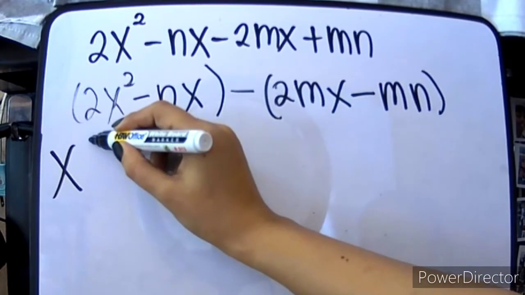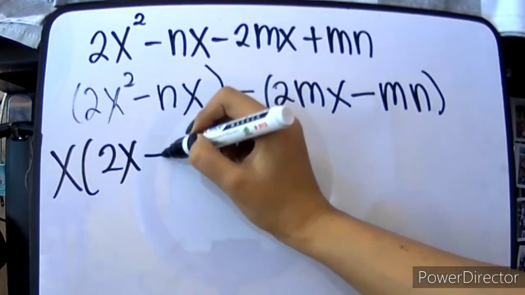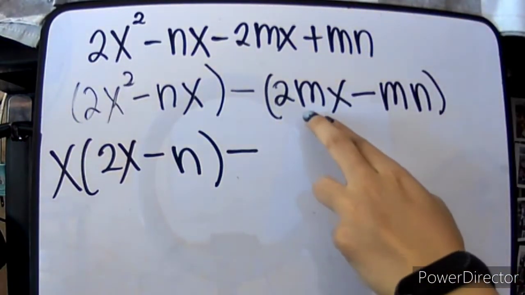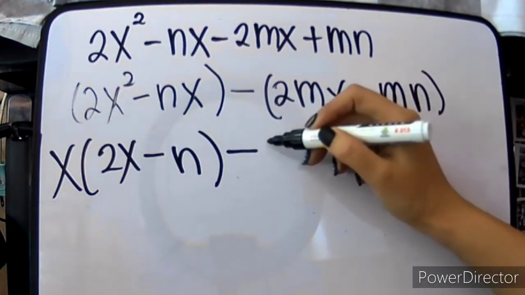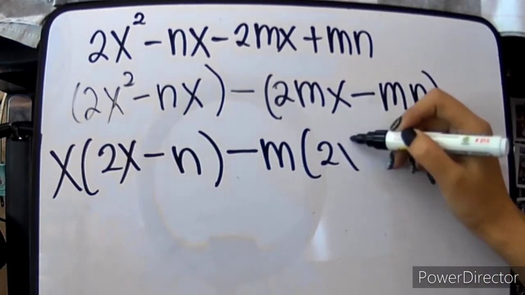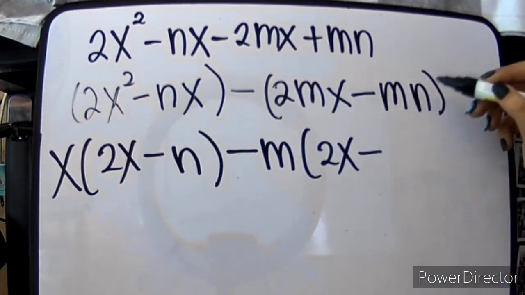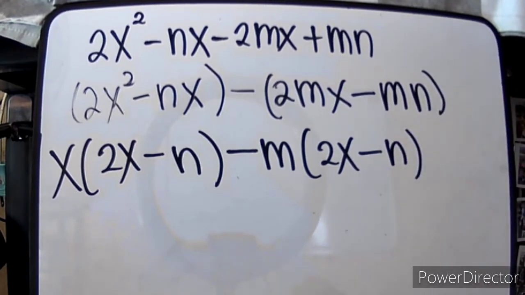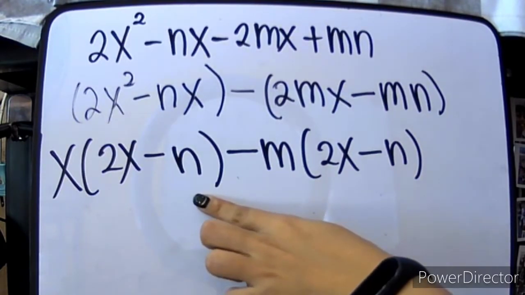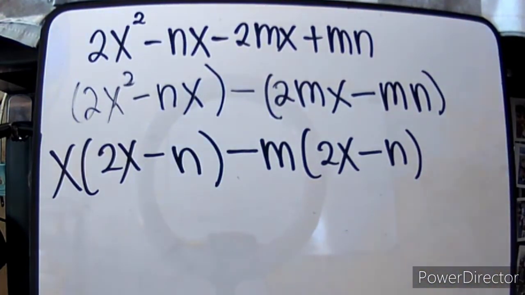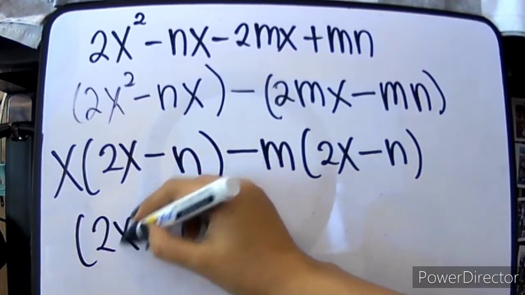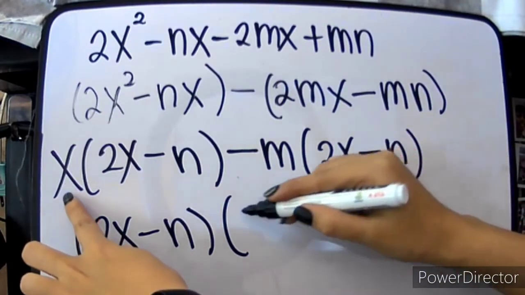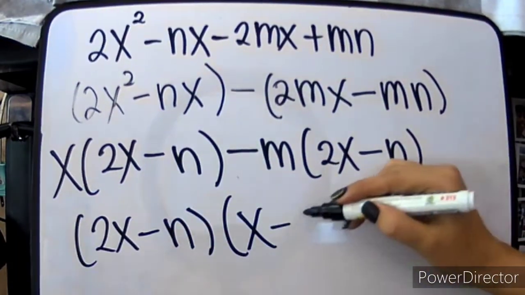X is 2x minus n, and then while the common here is m, so we have 2x minus n. So yan, GCF lang. And as you can see, pareho ulit ito as well as ito. So that is again a GCF, 2x minus n, and then while the other factor is x minus n.